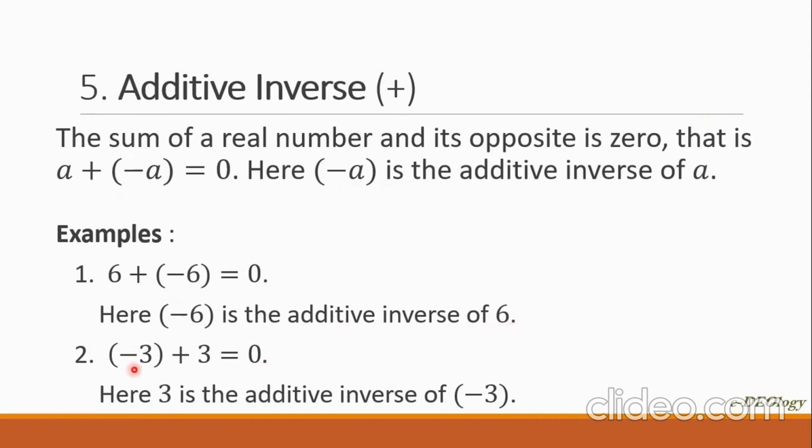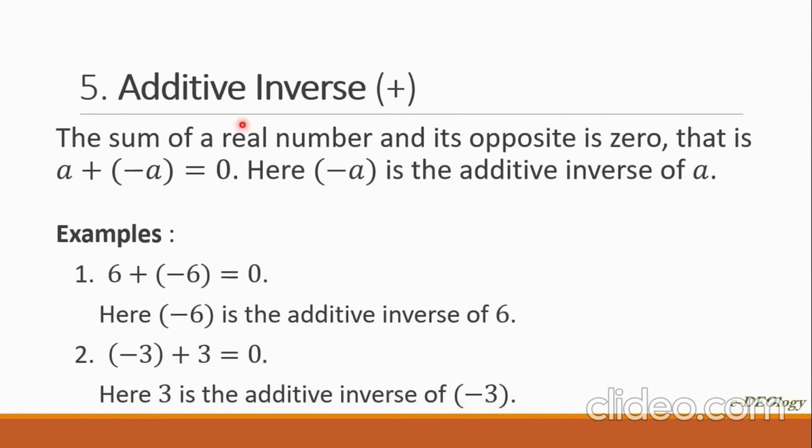Example 2, the given is negative 3 plus a positive 3 is equal to 0. Here, the positive 3 is the additive inverse of negative 3.